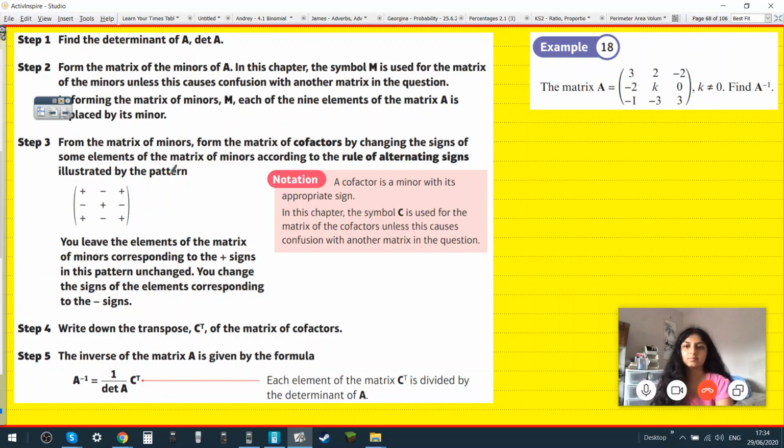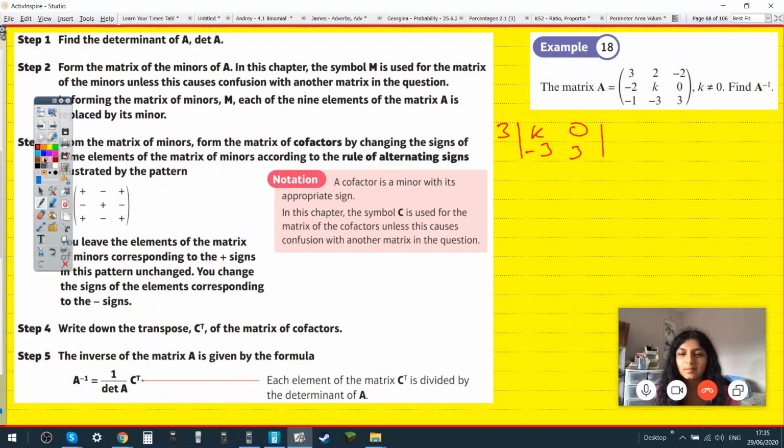Okay, determinant. Okay, 3. And then K, 0, minus 3, 3. And then minus 2. And then minus 2, minus 1, 0, 3.